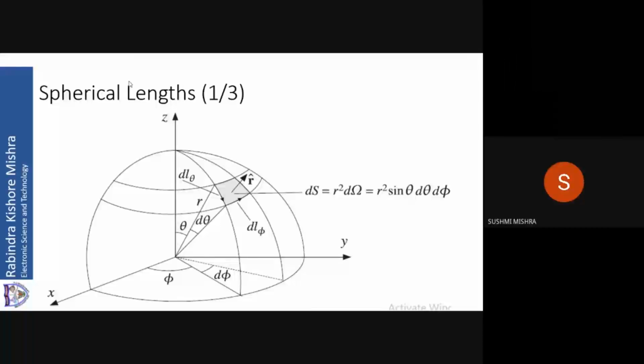What is d phi? Elementary length along phi. What is d theta? Elementary length along theta. So d phi I can write as dl phi. d theta we can also write as dl theta.